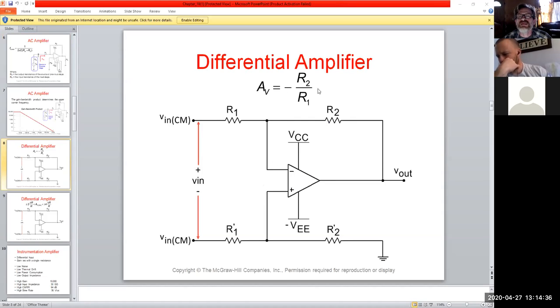So if we take a formula, we use the inverting formula in this case, because that's where we're tied into. Notice how on the non-inverting on this side we're grounded out after R prime 2, we have an R prime 1. So this works very much like the transistor model.